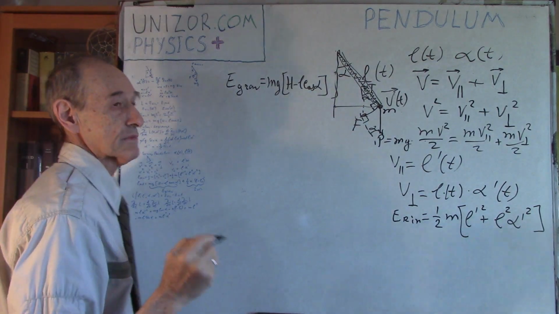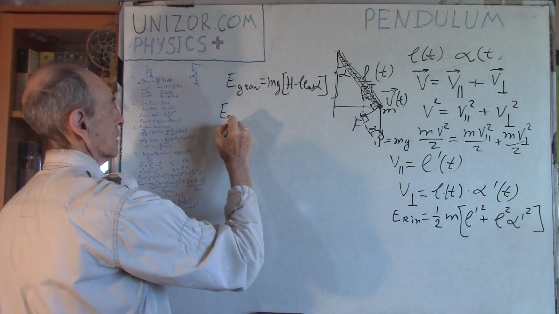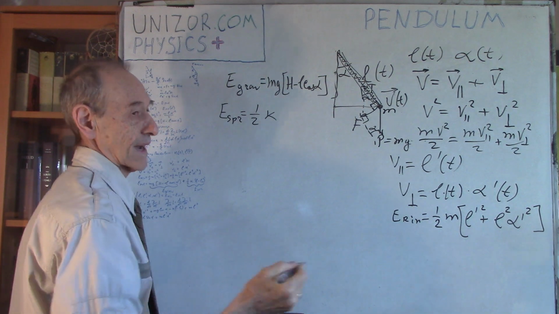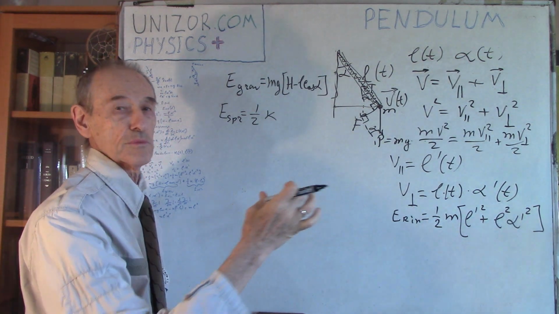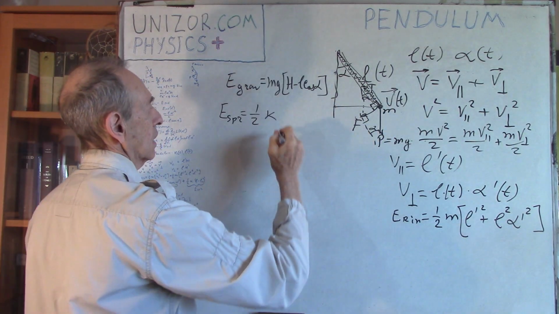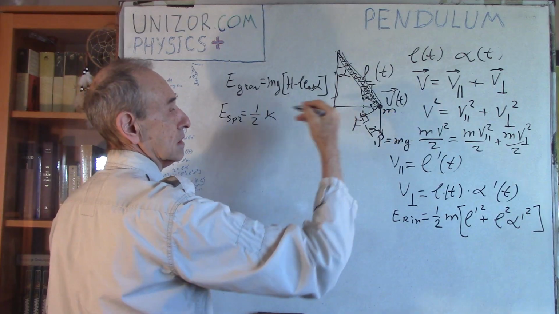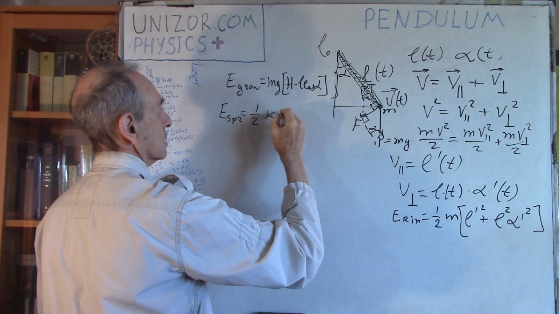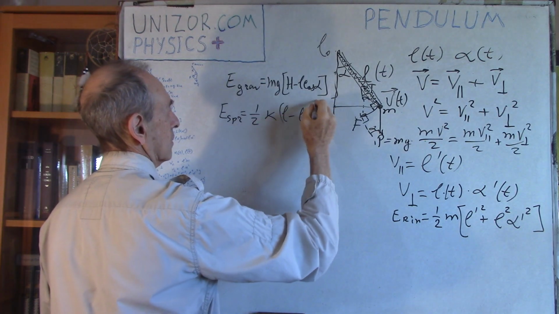But also we have a spring. Now if you remember, the spring potential energy is equal to 1/2 k x square, and x was the displacement from the neutral position. So in our case, let's consider that the length of the neutral position is L0, it's a constant. So we have L minus L0 square.